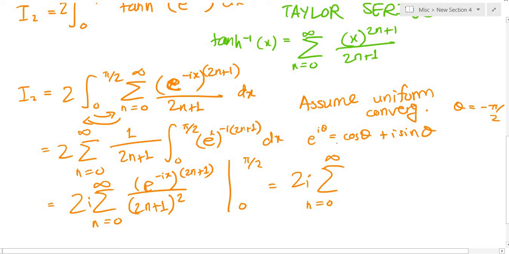So that will get rid of the cosine. Cosine of negative pi over 2 is 0 still, and the sine of negative pi over 2 is negative 1. So we have negative i now.